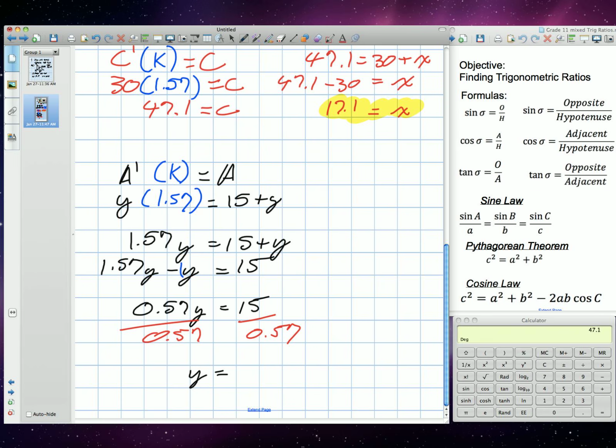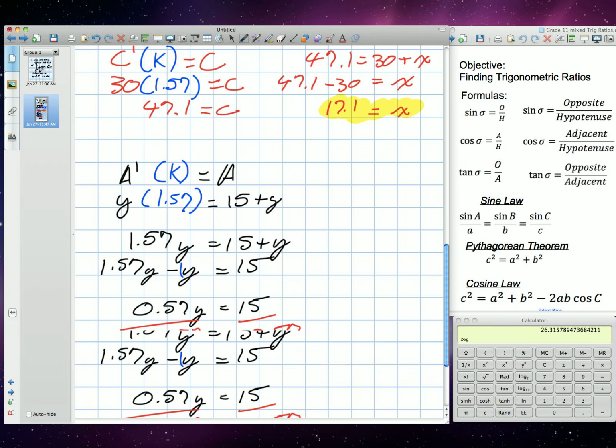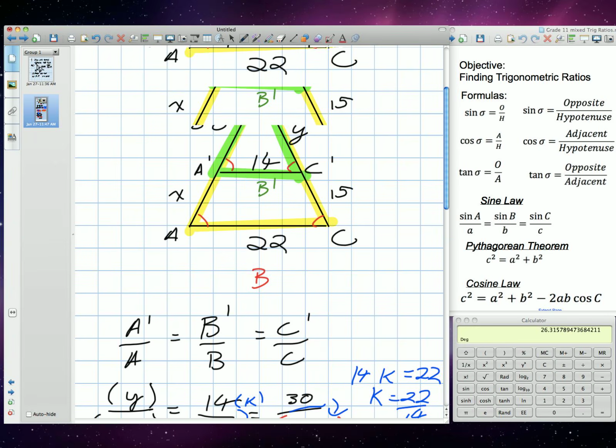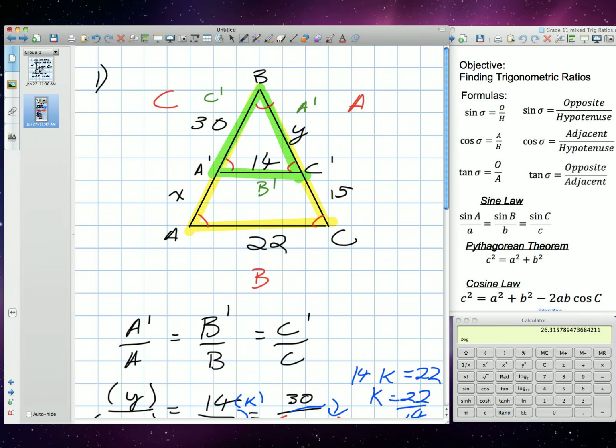Our y value in this case is 15 divided by 0.57, which is 26.3. So what that now means is this here, in terms of a measurement, is 26.3.